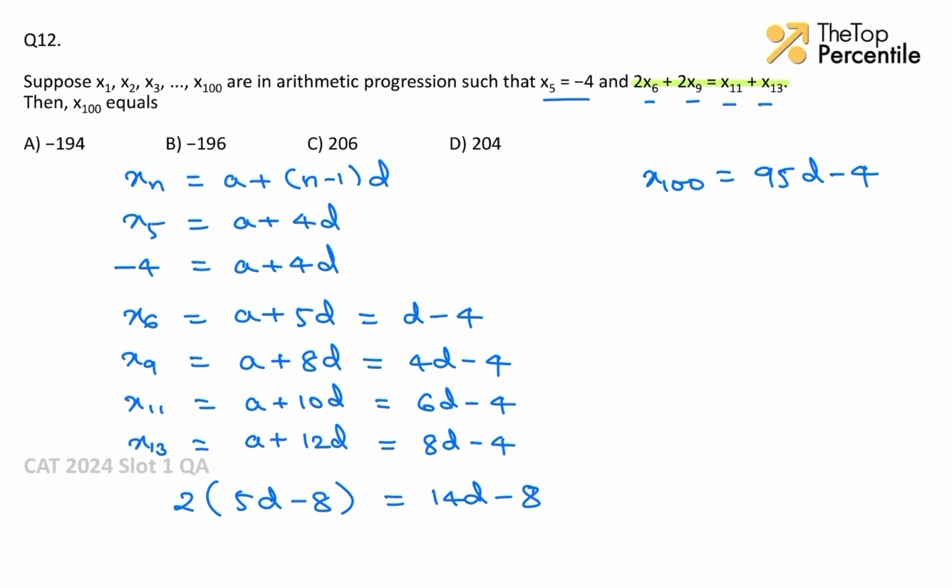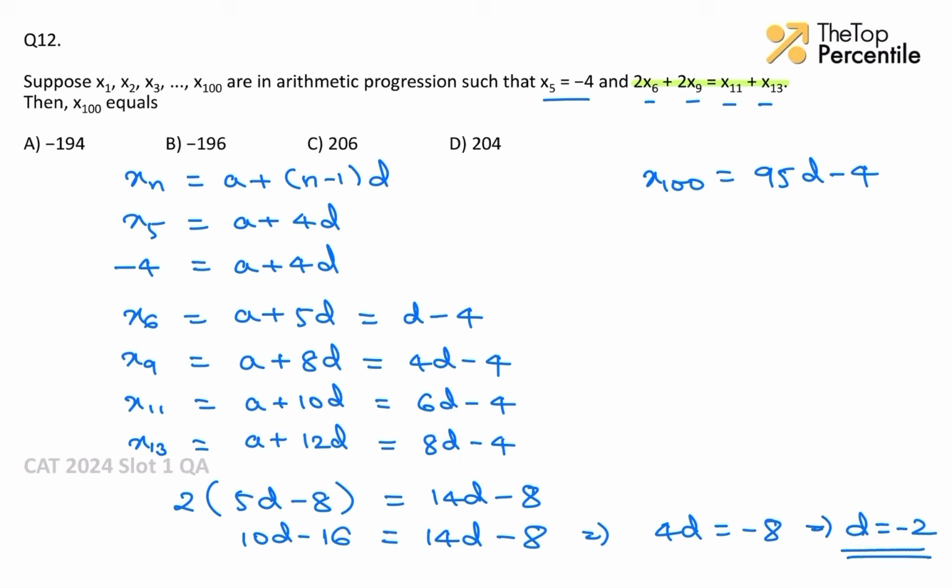Okay, so this will give me 10d minus 16 equals 14d minus 8. This will give me 4d as minus 8 and d as minus 2.